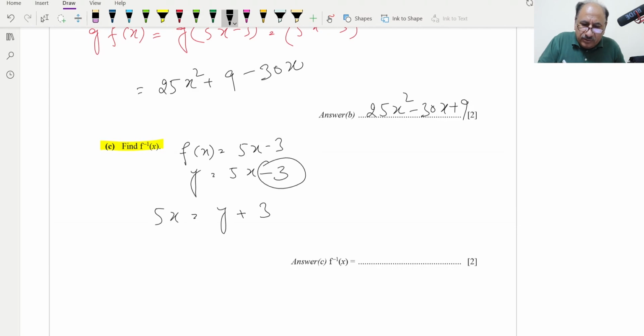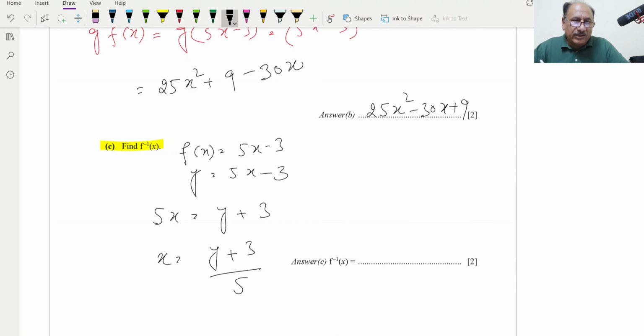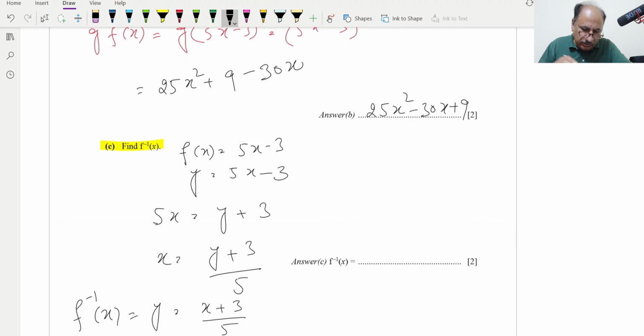Basically we are shifting this minus 3 to this side. After that we will shift 5 also to the other side, so x will be equal to y plus 3 over 5, and now we can swap x and y, so y will be equal to x plus 3 over 5, or we can write f inverse of x is equal to x plus 3 over 5. This will be the final answer.